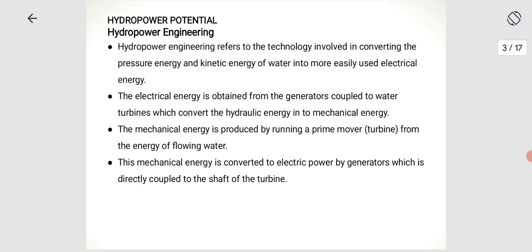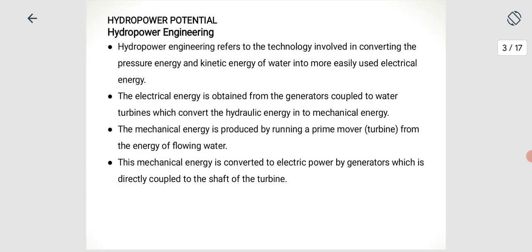Now electrical energy is obtained from the generator coupled to water turbines, which convert the hydraulic energy into mechanical energy. So the electrical device should be fixed to generate the electrical energy. The turbine will be fixed to convert the hydraulic energy into mechanical energy.